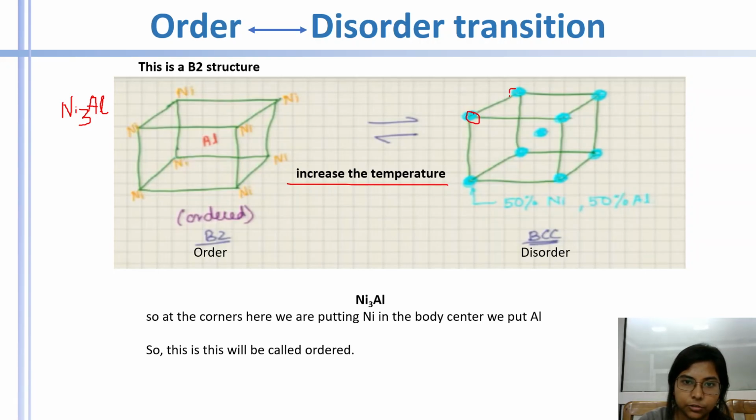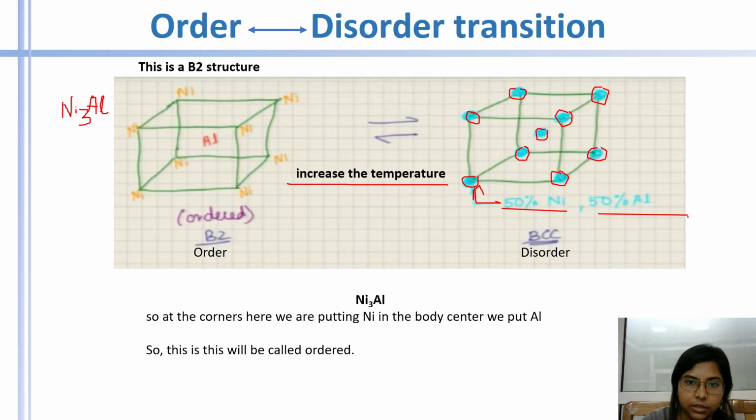In every position you see, it is not exactly nickel or aluminum. It is not only nickel or only aluminum. At one position, it is 50% nickel and 50% aluminum. Then what does this structure become?